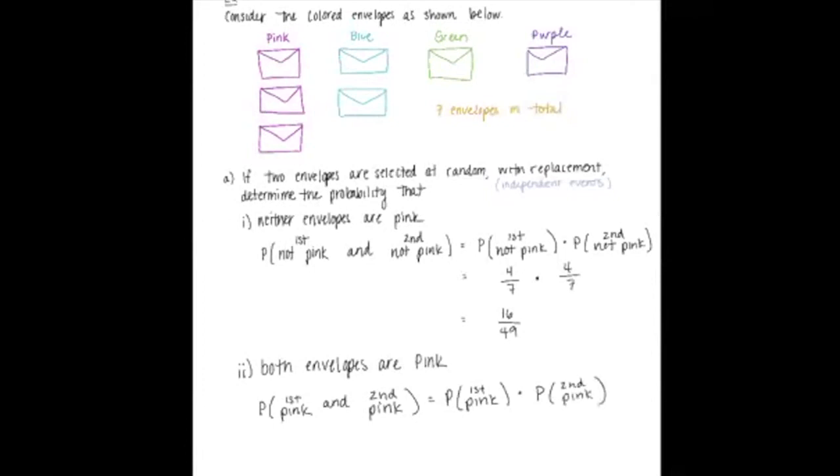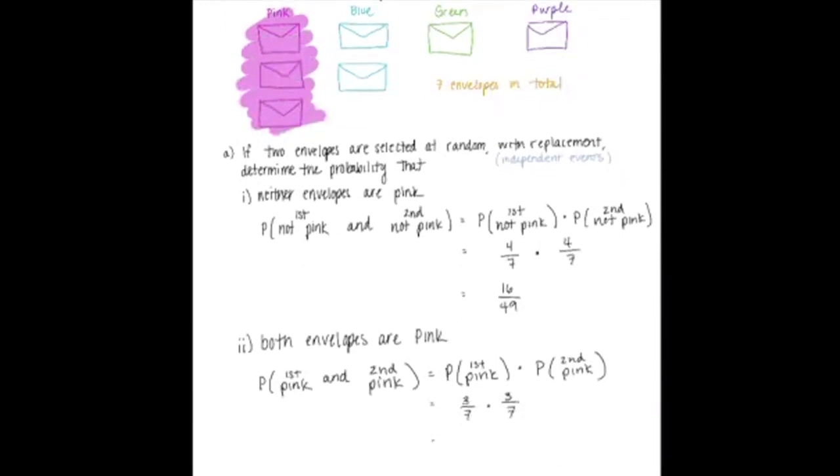And so the probability our first envelope is pink is 3 out of 7. I've picked that pink envelope, I've looked at it, it's gone back into my pool. My second draw has exactly the same probability. So in total, we have a 9 in 49 chance that both envelopes will be pink.